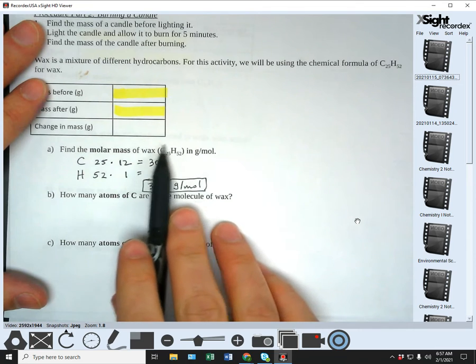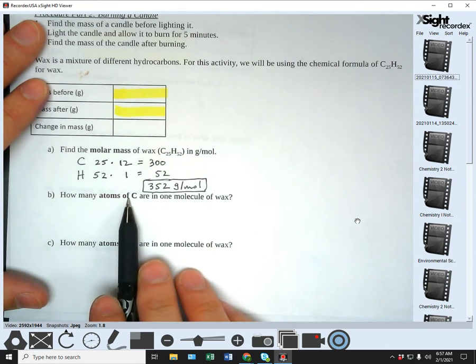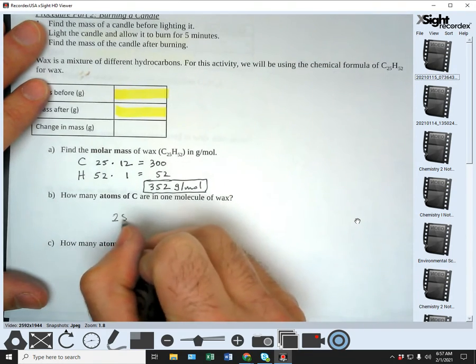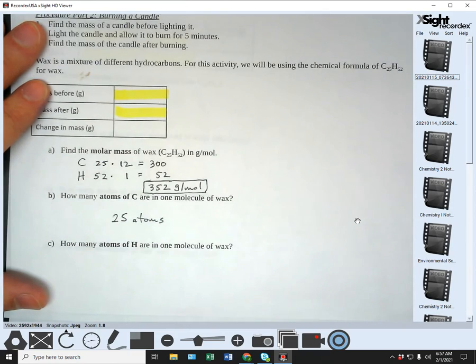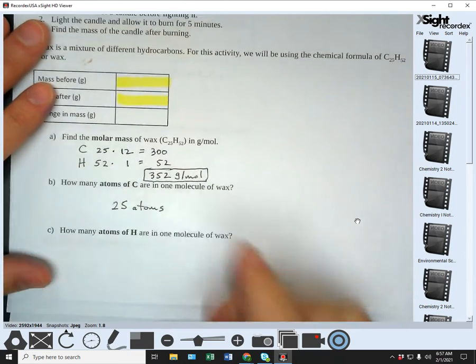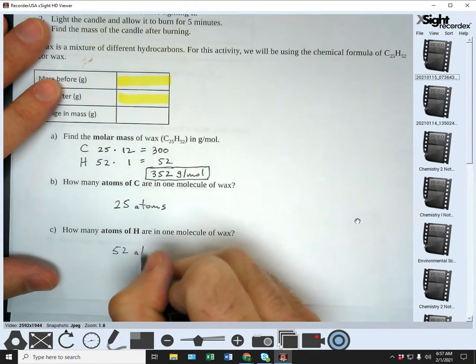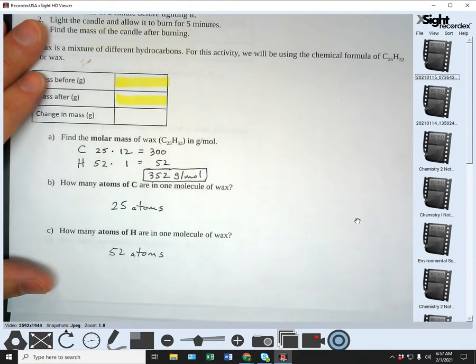So 1 molecule of wax is this deal right here, C25H52. How many atoms of carbon are in that? Well, you just look here. So it's 25 atoms of carbon are in 1 molecule of wax. How many atoms of hydrogen? Well, you look here, that's 52 atoms of hydrogen are in 1 molecule of wax.